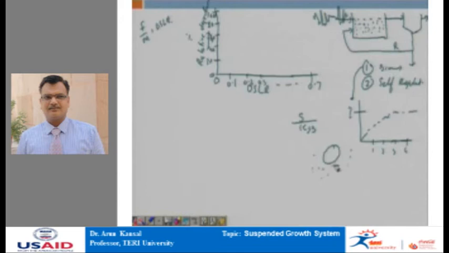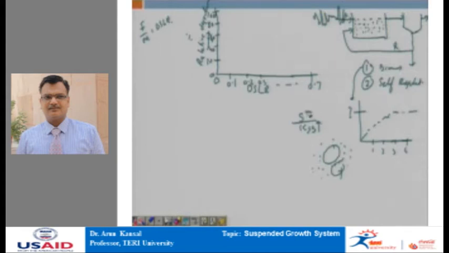As the number of organisms increases, the rate of consumption of food increases. As the number of organisms decreases, the rate of consumption decreases. That is, as we keep on increasing the microbial population, the degradation capacity also increases.